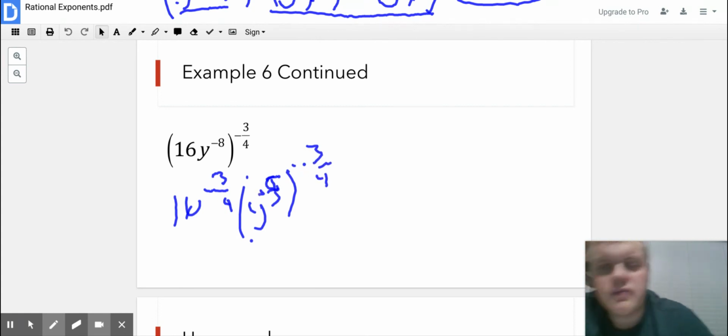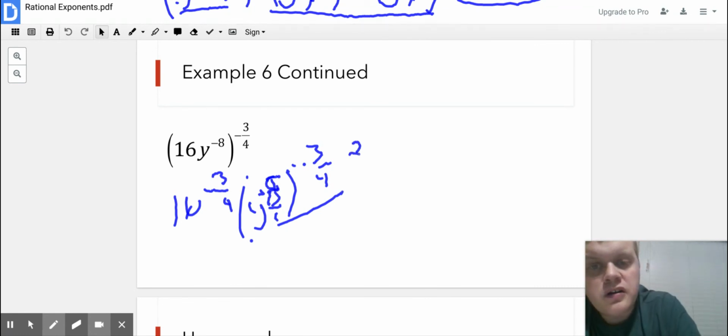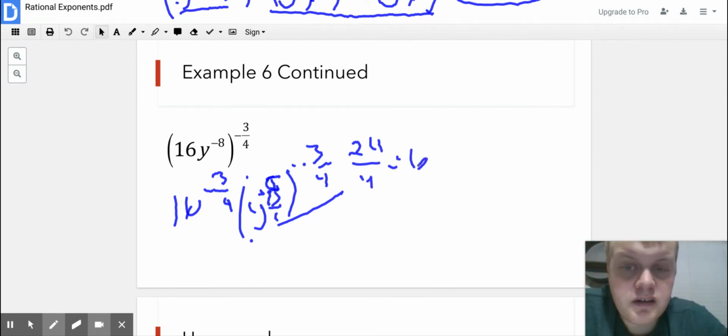Remember, since I have a whole number there, I'm going to put it over 1, because if I have an exponent raised to another exponent there, then again, those are going to multiply. So if I multiply these two fractions there, negative 8 times negative 3 would give me a positive 24. And 1 times 4 is 4, so that's going to reduce down to positive 6.